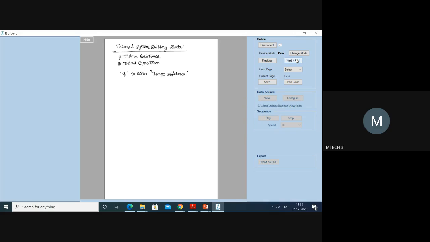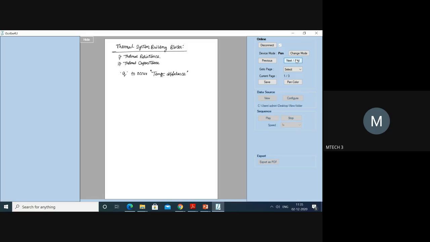Take the heading of thermal resistance. Please write like this: there will be a net flow of heat between 2 points if there is a temperature difference.